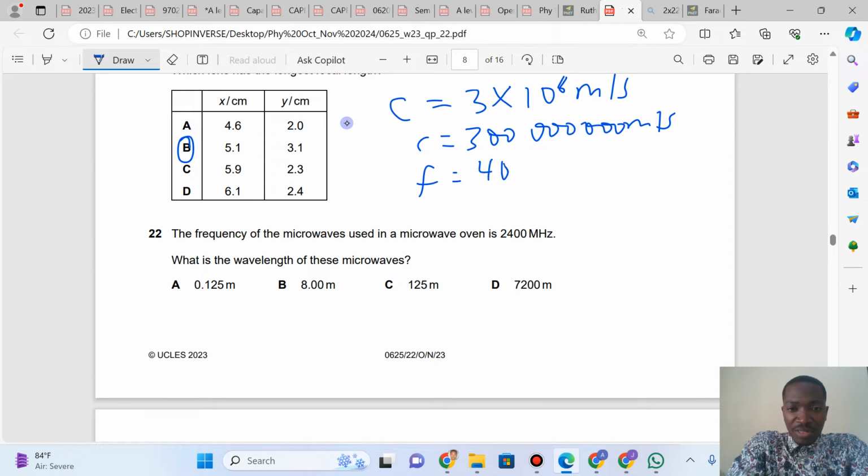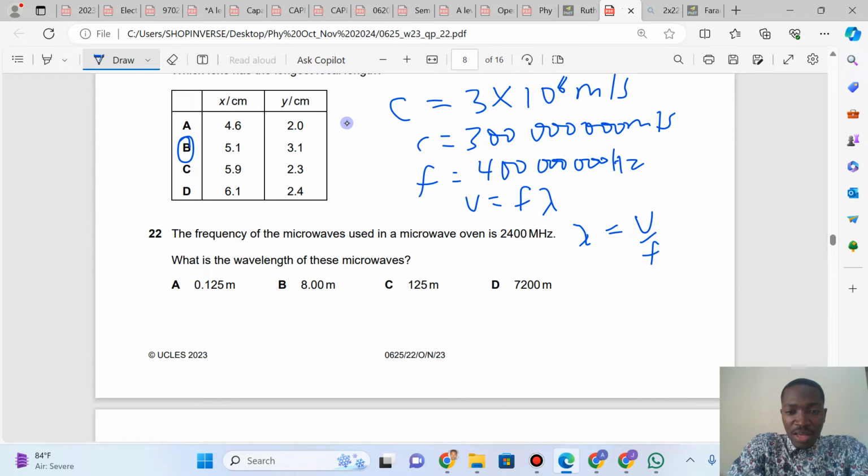How do you get the wavelength? From the wave equation, v equals f lambda. So lambda equals v over f. The wavelength is speed divided by frequency.